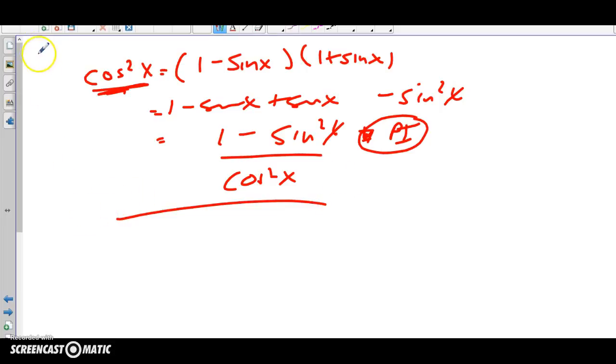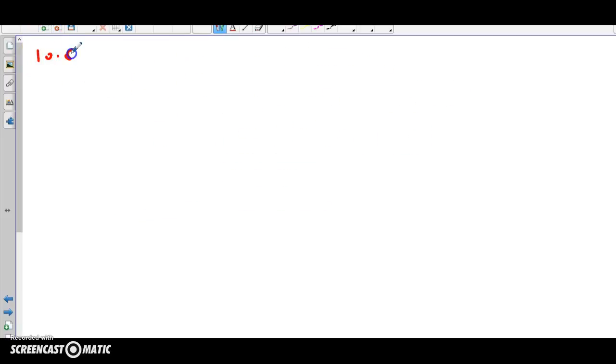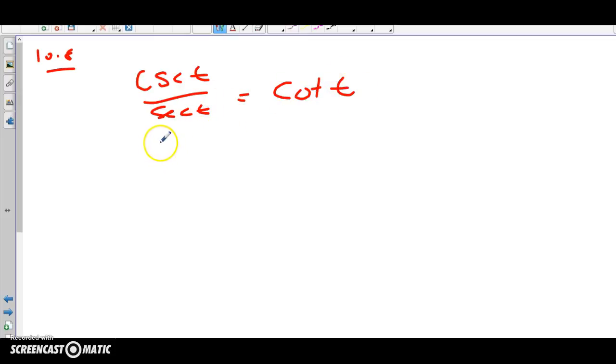Okay, and then if we want to try some of the harder stuff on the other page, so this is Thursday's homework, the 10.8 page, exercise 10.8. We can look at things like, here's 5. Cosecant t over secant t is equal to cotangent t. Well, cosecant, so this is dividing, right? So on top here, I'm going to have 1 over sine t over 1 over cos t.